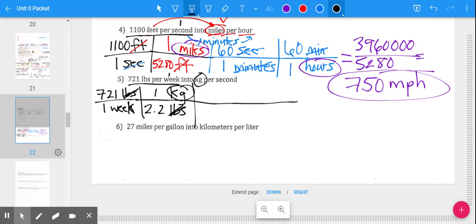So now we can move on to the time. So weeks to seconds. The way we measure weeks is in days. So I've got weeks at the bottom, so I'll put week at the top, days at the bottom. The way we measure days is in hours. So days is at the bottom, so days at the top, hours at the bottom.